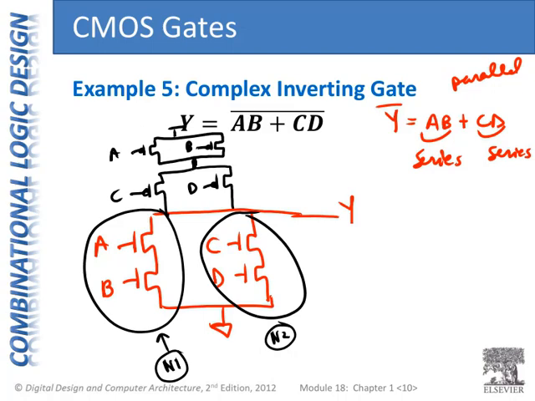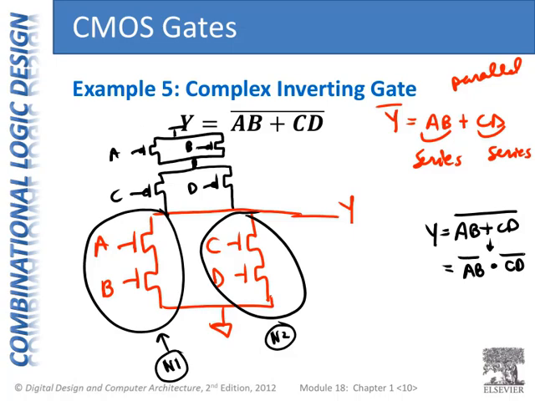Remember, alternatively, we could also use De Morgan's on this. We have Y equals A and B, or C and D. Using De Morgan's, that or turns into an and. We get A and B, pull down the terms, and then invert them.